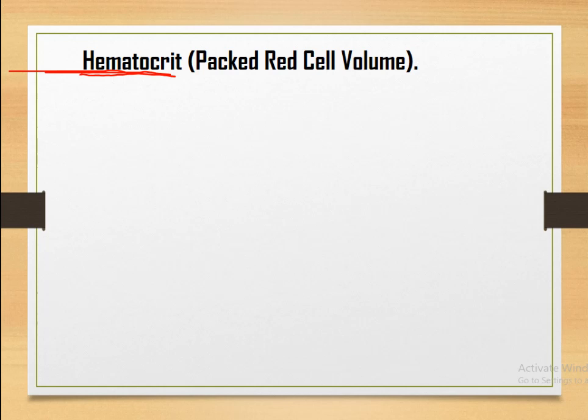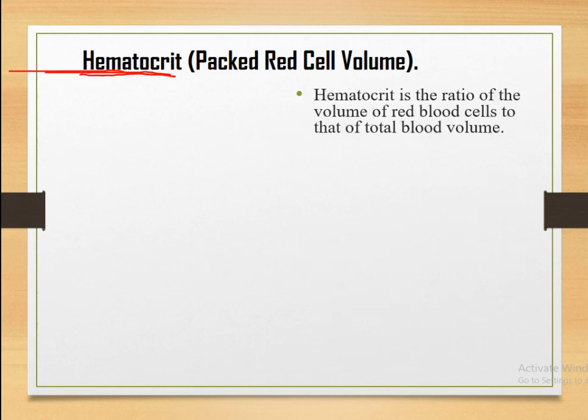We talked that the red blood cells make up 40% of the total blood volume. So this hematocrit tries to explain how much red blood cells are in the blood of a human being. And in this case, we are simply talking about a 70 kg young male person.